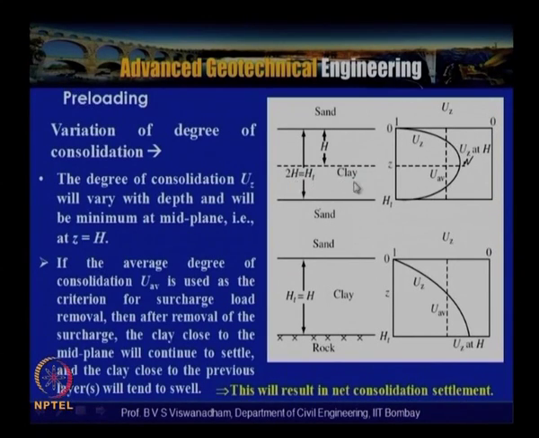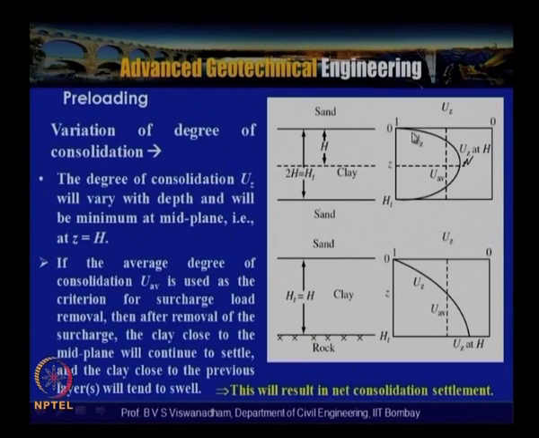that is HD is equal to 2H, and then water flows in both the directions. So the drainage path is H here, that is HD is equal to 2H by 2, that is H, and this is at any time T. So this is before applying the preload.